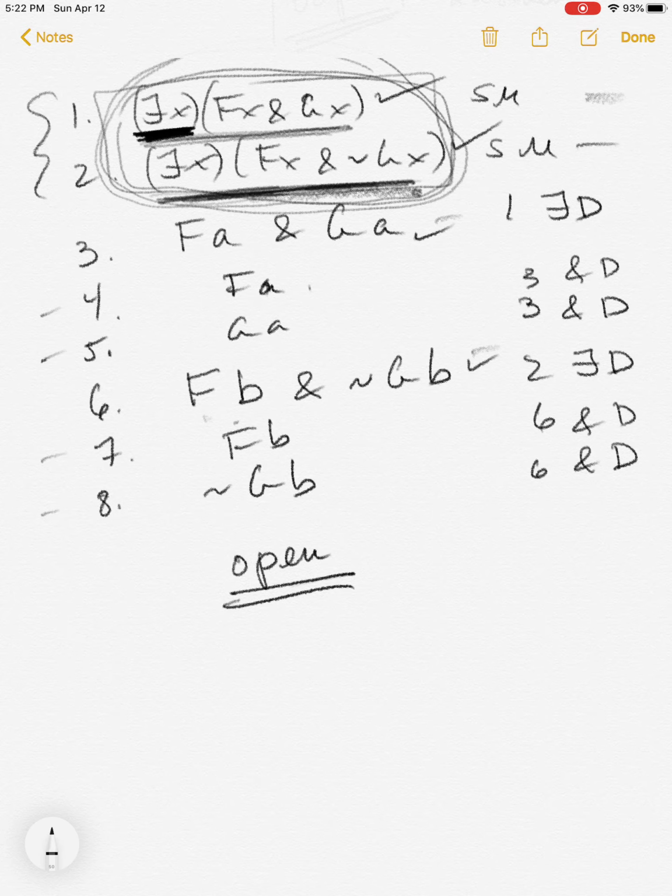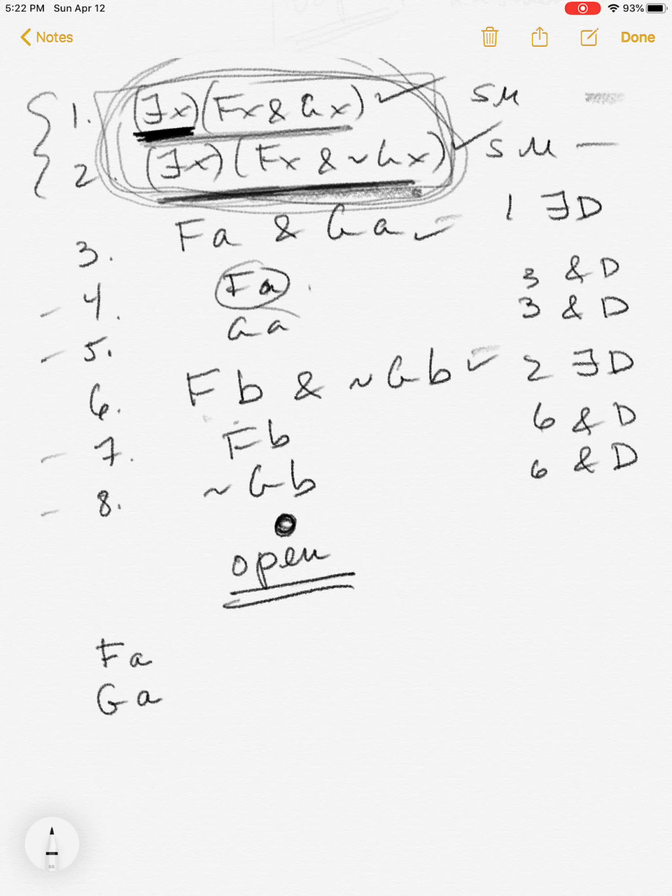There's something really interesting about this, though. If we remember back when we were doing trees for sets of sentences of SL, we would collect the truth value assignments that we could from the open branches. There's only one branch here. It's open, right? So what I'm going to do down here is collect the literals.